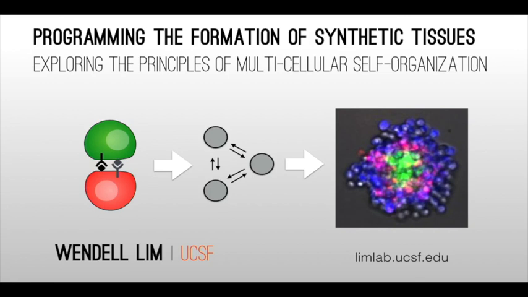That is, how can we forward program at a genetic and molecular scale things that then determine higher order, multicellular tissue formation, in order to explore common principles that underlie multicellular self-organization.